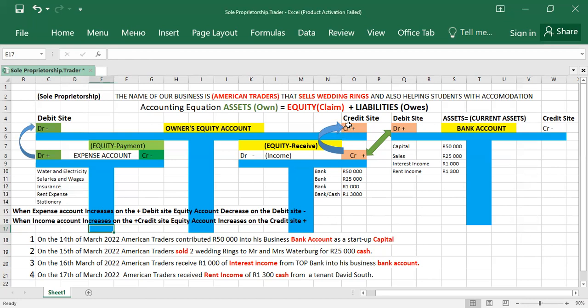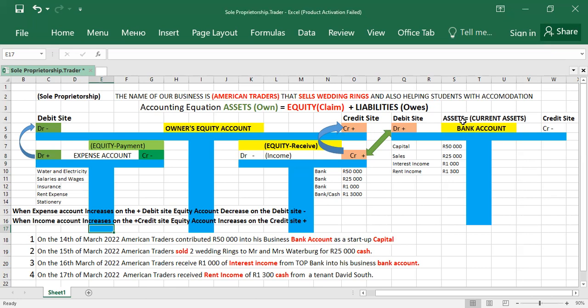Now, the last explanation: the equity account in these questions that we are going to be doing, I have actually taken the owner's equity account and the bank account, which is an asset. These are the accounts that will work interchangeably.